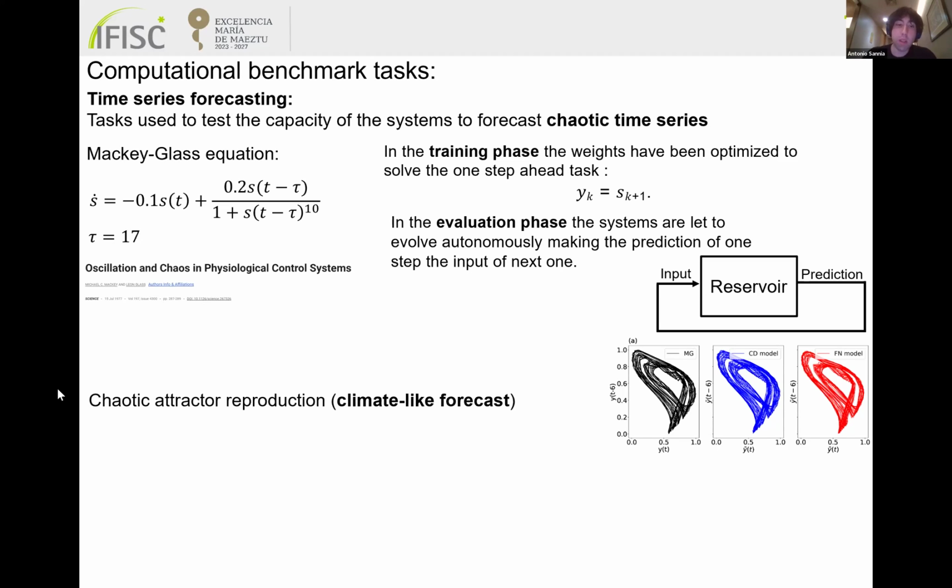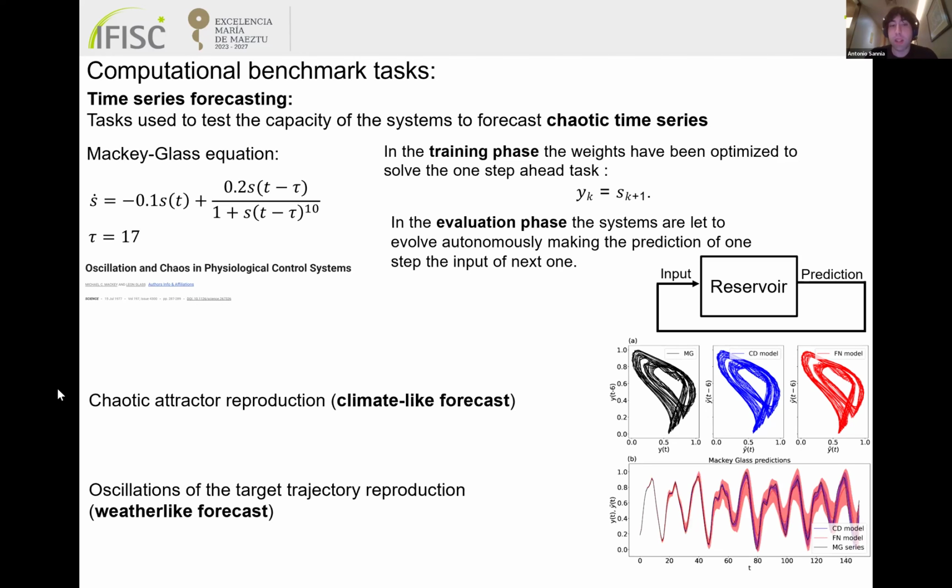But if we go into more detail about the reproduction of the trajectory, even quantifying it with the mean square error, we can see that our model has a better mean square error, and also cumulatively from this picture, we can see that it better reproduces the oscillation of the numerical solution of this series autonomously, as I say.